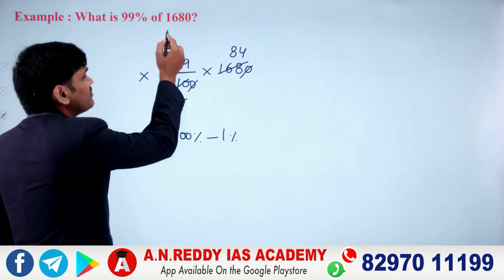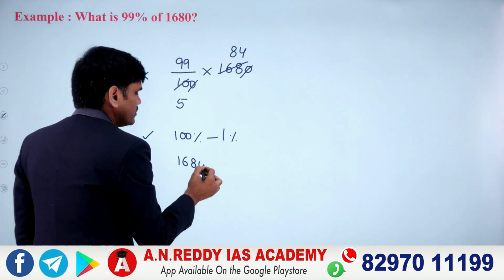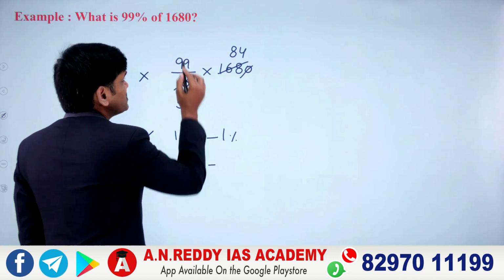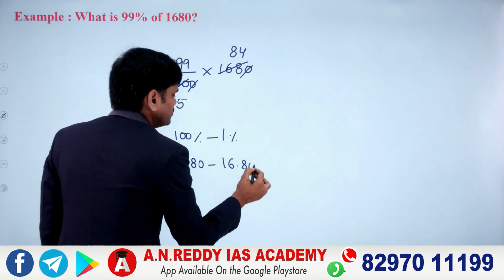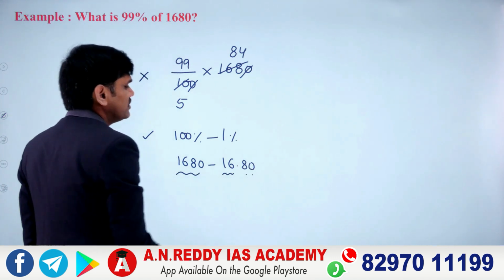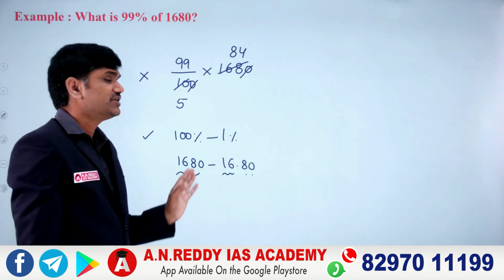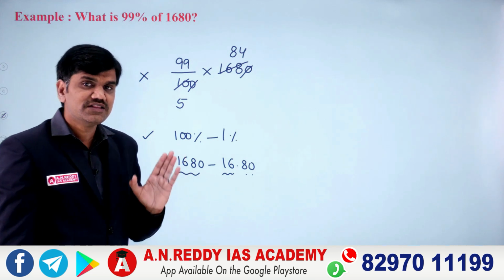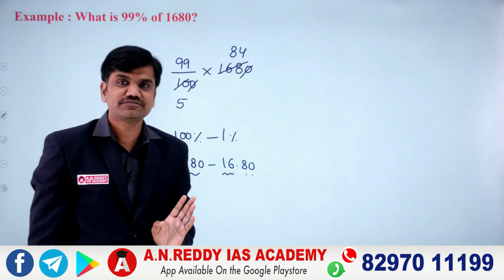So 100% of the number is nothing but the number itself. Why? I will show you, don't worry about that. Minus 1% of the number is nothing but 1 by 100th part of it, that is nothing but 16.80. From 1680, if you can remove 16.80, that will give you the answer. Subtracting 16.80 from 1680 is far easier than multiplying 99 with 84, then dividing it with 5.